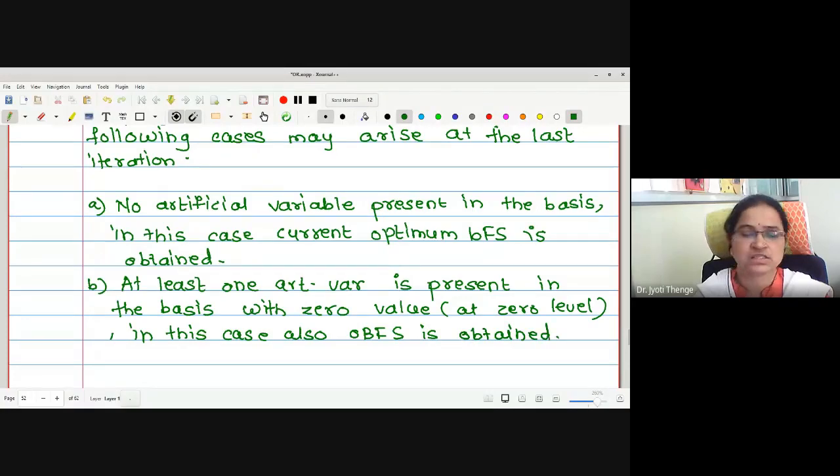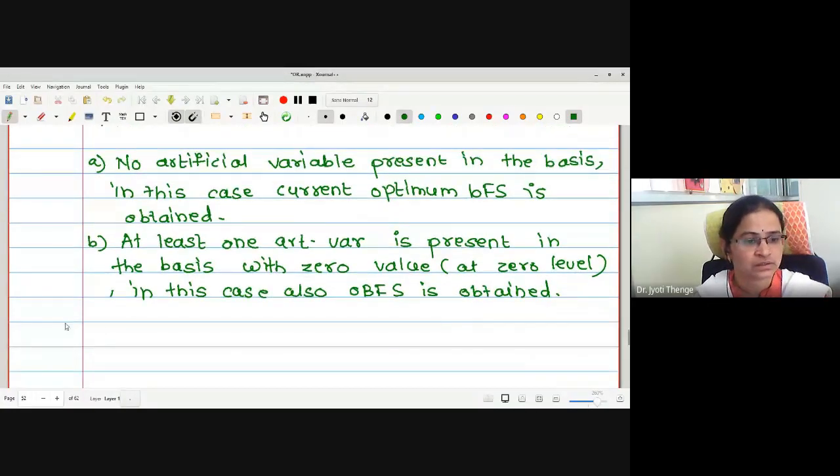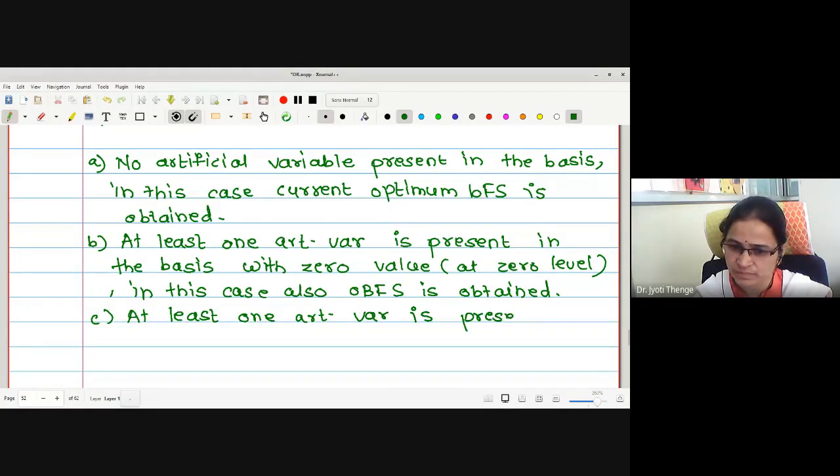Let us discuss the third possibility. What is the third possibility? At least one artificial variable is present in the basis with positive value.